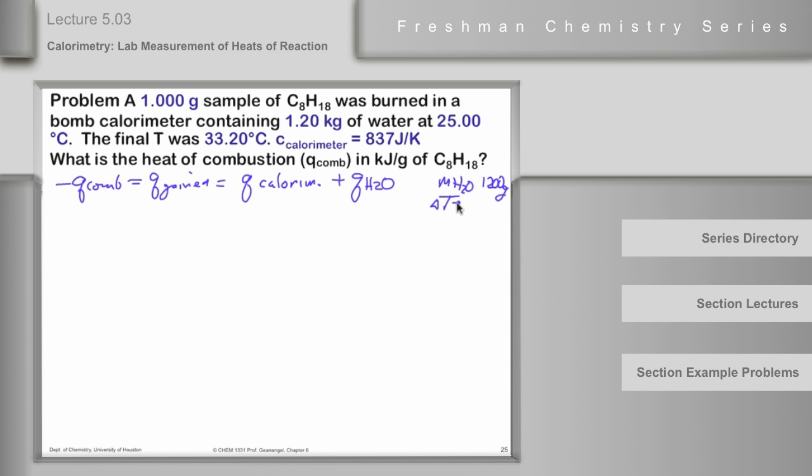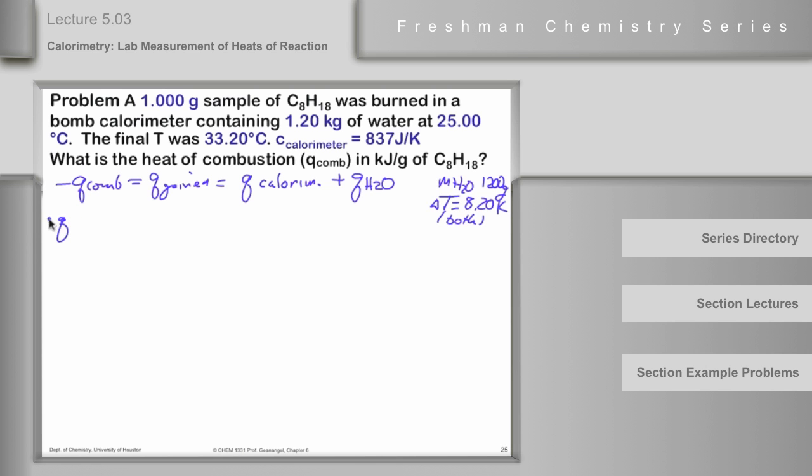Now, minus Q of the calorimeter is the first term, and that's going to be 837 joules per Kelvin times delta T, which is 8.20 kelvins.